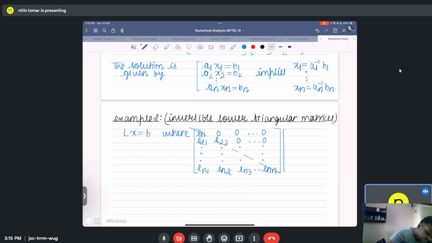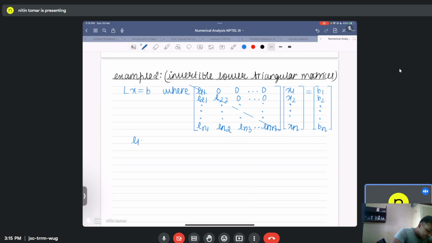Now, if I ask you to solve the system, we can solve it without any effort, right? We can use diagonal elements only. So the first equation you read as L11x1 equal to B1, right?